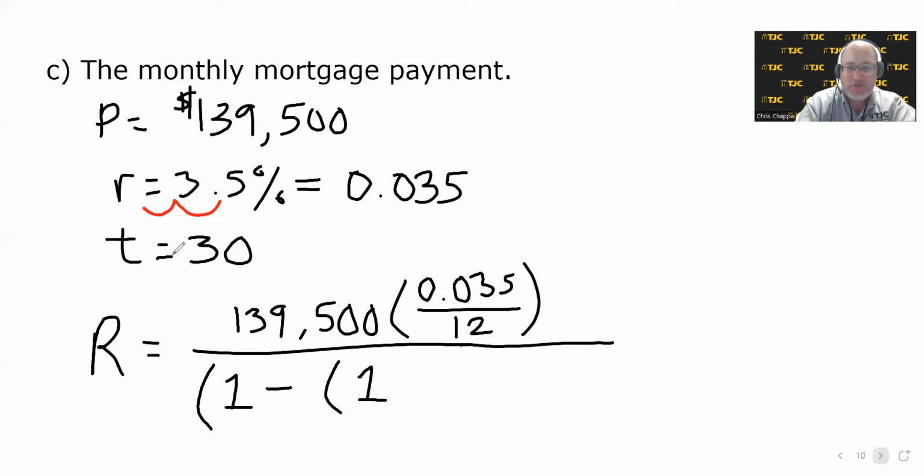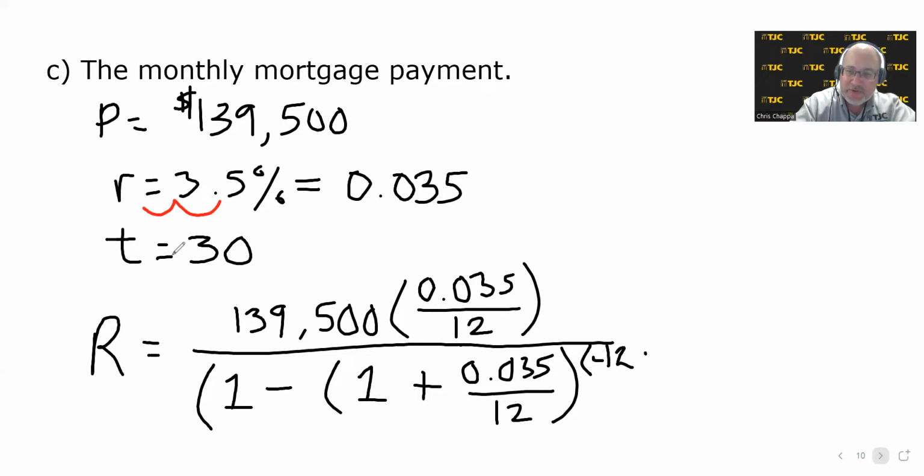The ones don't cancel, by the way, plus the interest rate, 0.035, divided by 12 because it's monthly. Close that parentheses, and in the exponent, negative 12 times the number of years. This is 30 years. Close the parentheses on the exponent, stretch out the fraction bar, close the parentheses on the denominator.